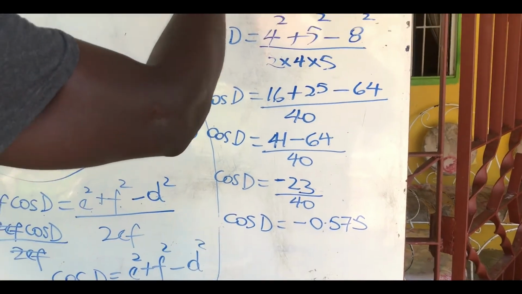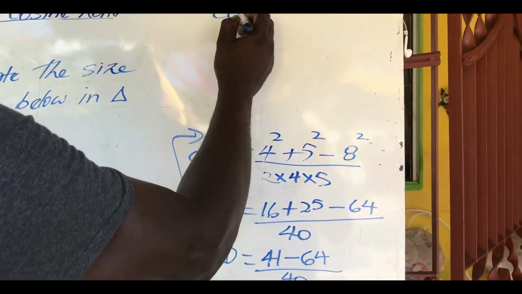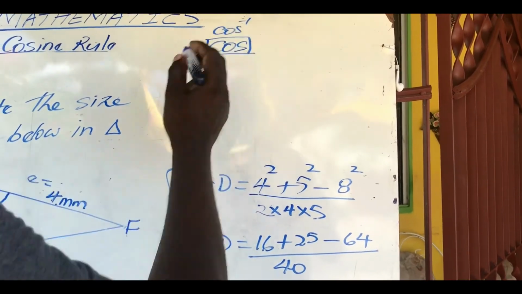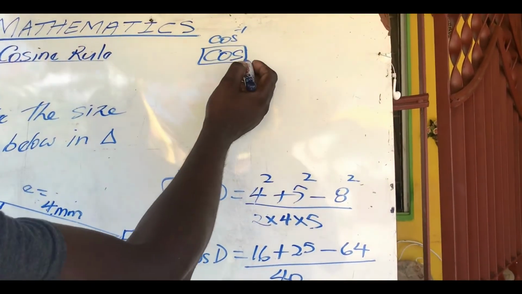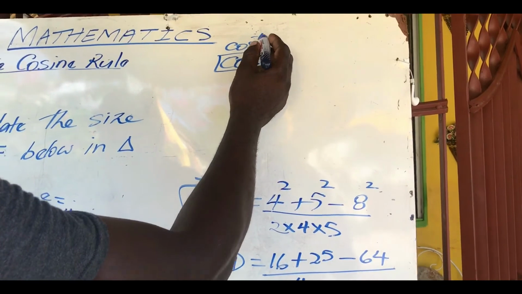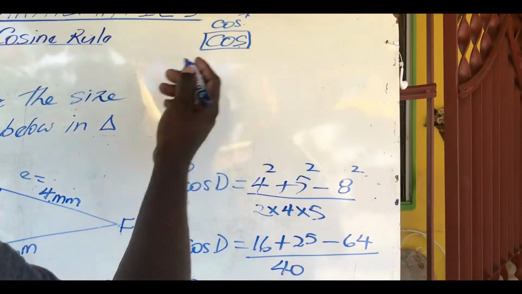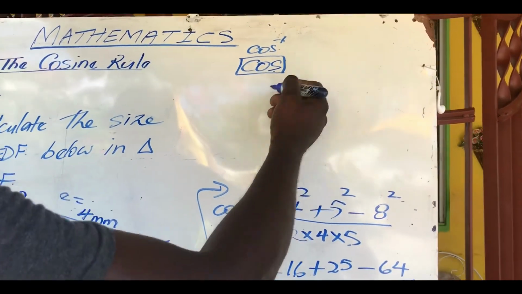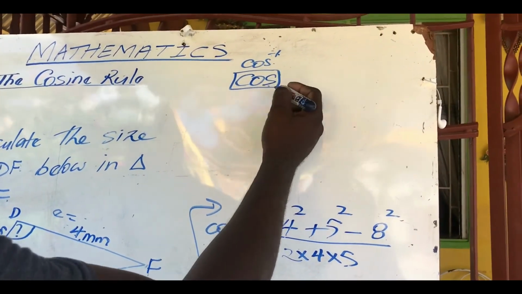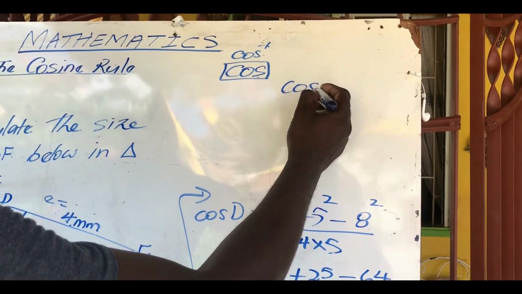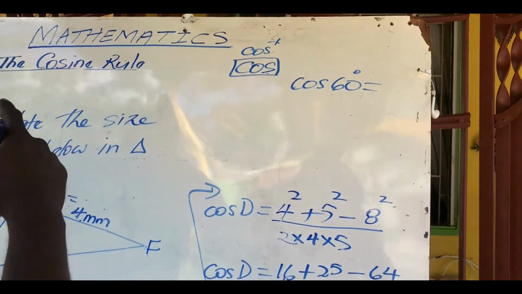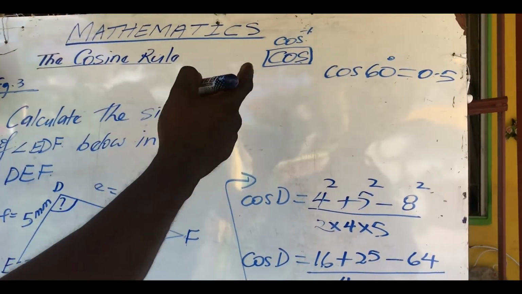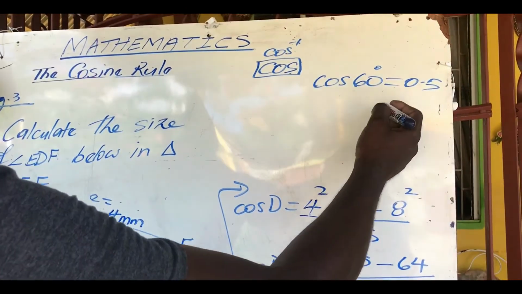Now, if you go to your calculator, you say cos, and above that, you say cos to the negative 1. So this is cos inverse. This is cos. Now, if we want to find the ratio in cosine whose angle is 60 degrees, you'd press cos 60 degrees. And as we saw before, you'd actually get 0.5. So the cos 60 degrees equals 0.5.